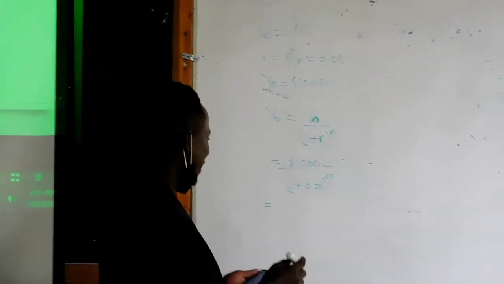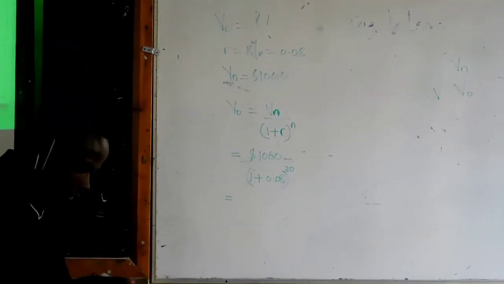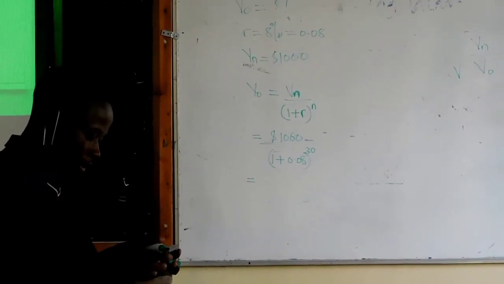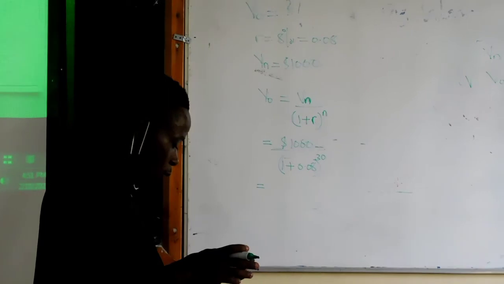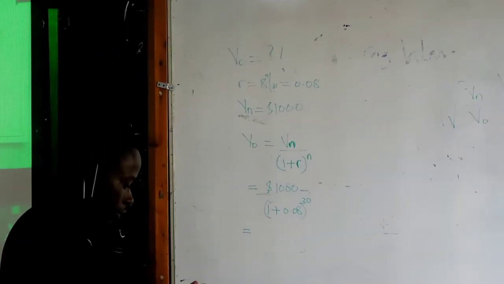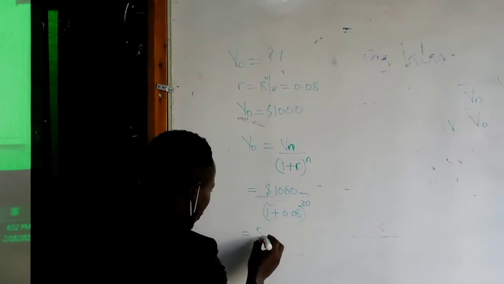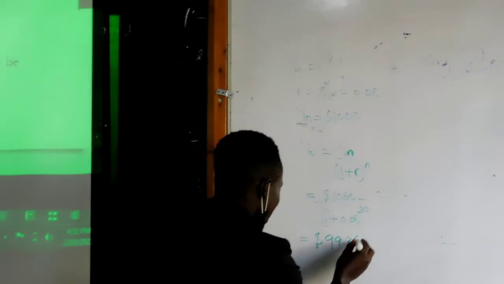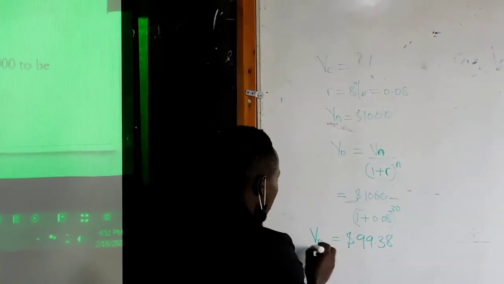Now let us try to feed this in the calculator. 1,000 divided by (1 plus 0.08) power 30. The answer is US dollars 99.38.